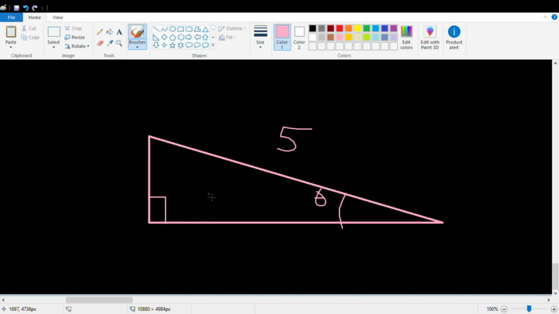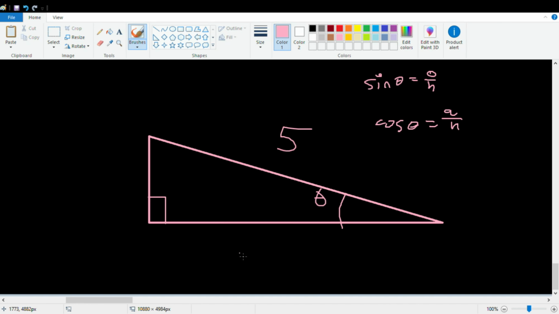All you have to do is use the trig ratios. They're going to be sine theta equals opposite over hypotenuse, and cosine theta equals adjacent over hypotenuse.